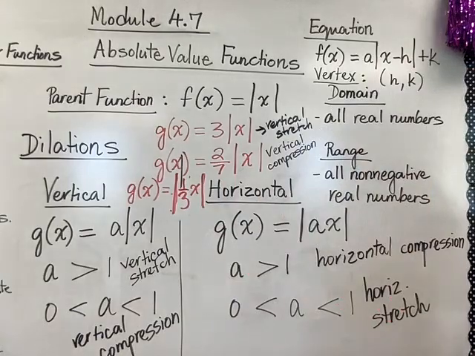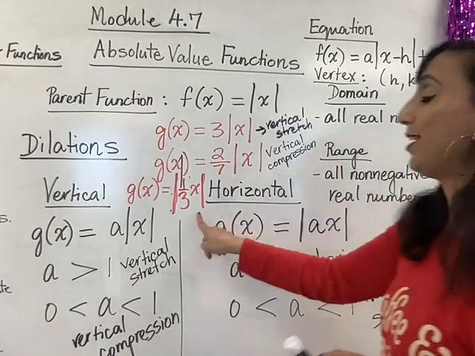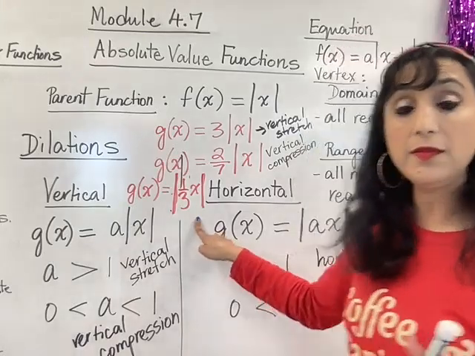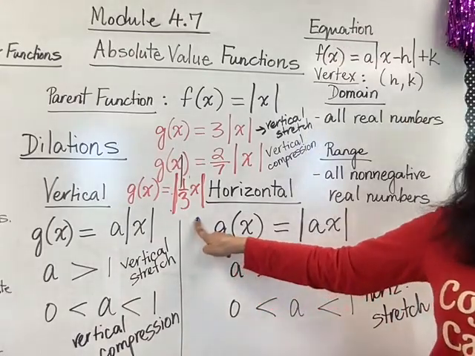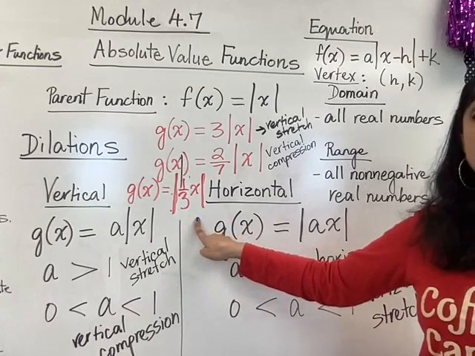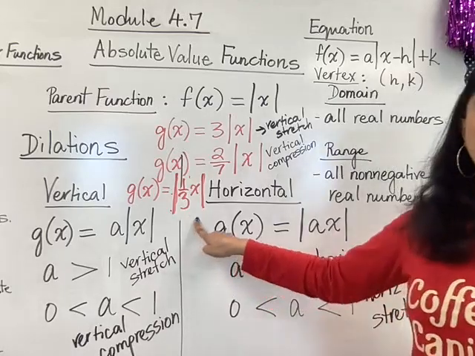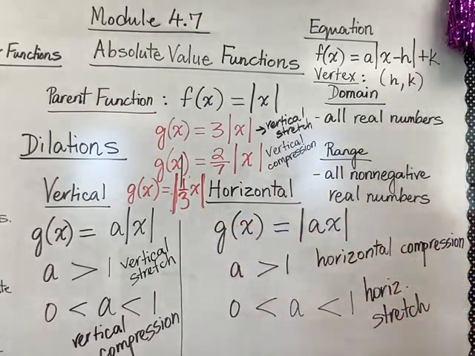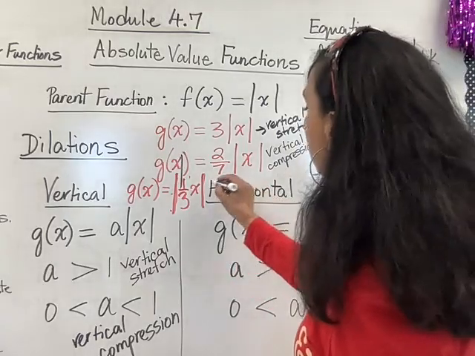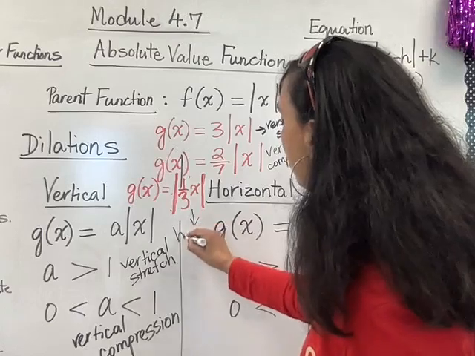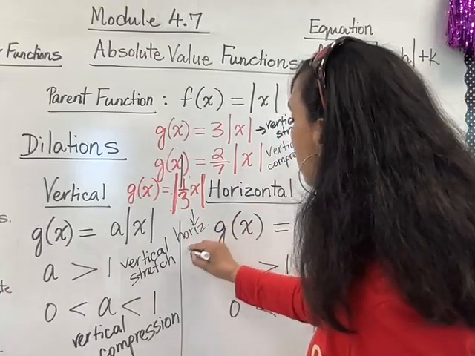So this would make it horizontal. And since this is greater than 0 but less than 1, because it's 1/3, this would be a horizontal stretch.